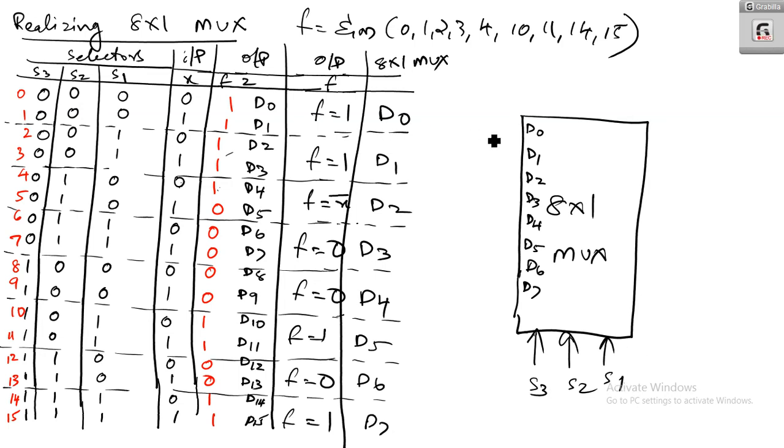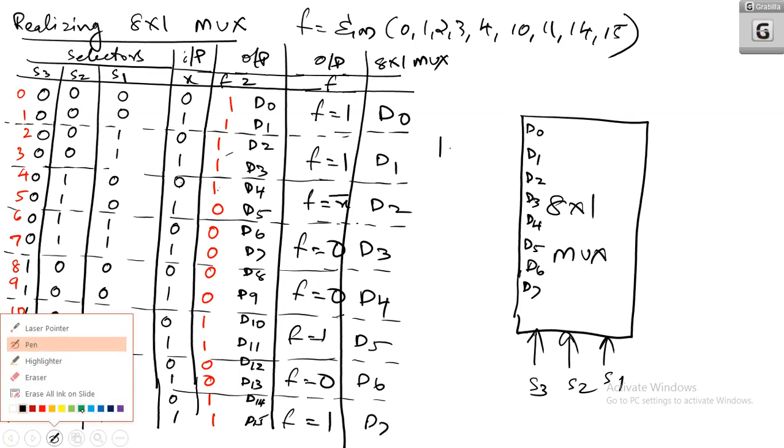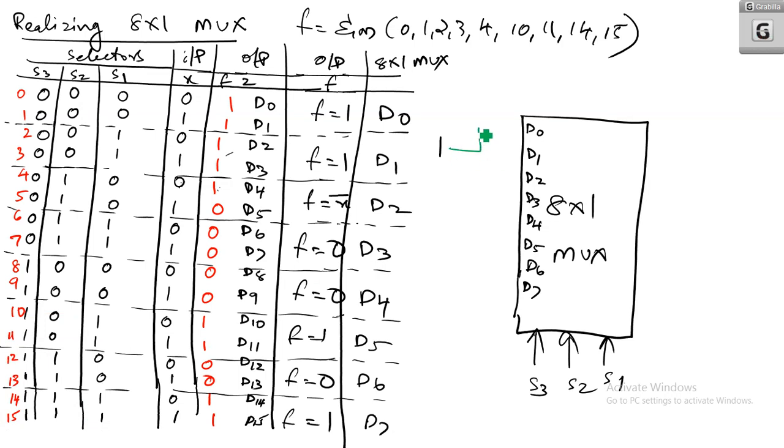So what is D0? So we are having 1 and 0. For 1, you should give it to D0, D1, then that is 1, D5 and D7. You should give the values like this.